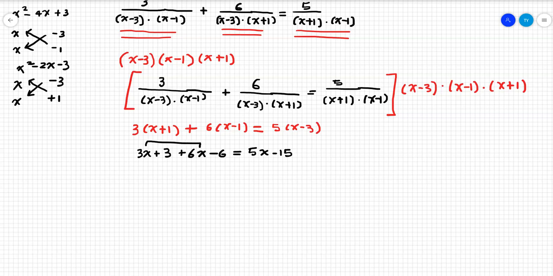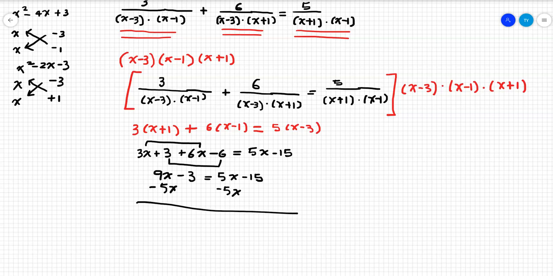Let's combine these. So I have a 9x, then I have a 3 and negative 6, so I have a minus 3, and I have a 5x minus 15. So I'm going to subtract 5x from both sides. Then I have a 4x minus 3 equals minus 15.